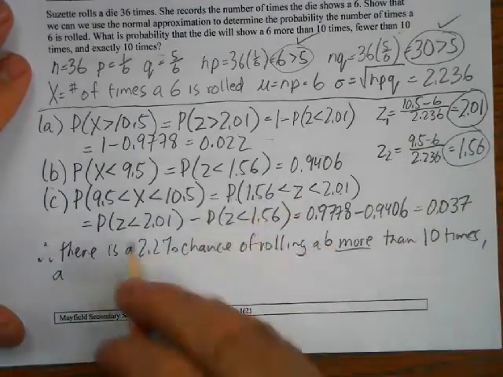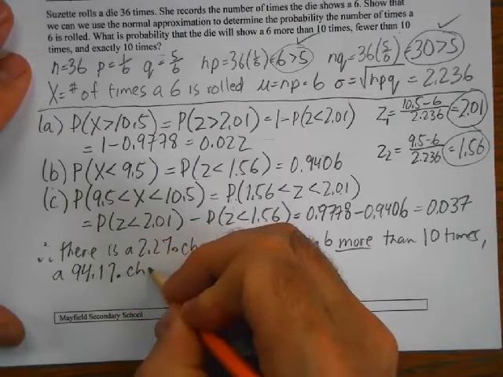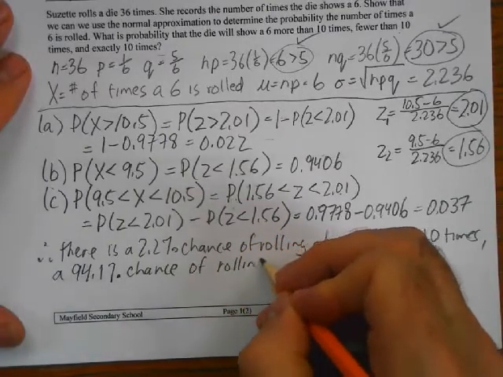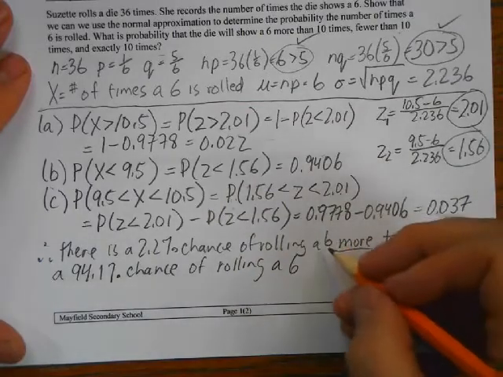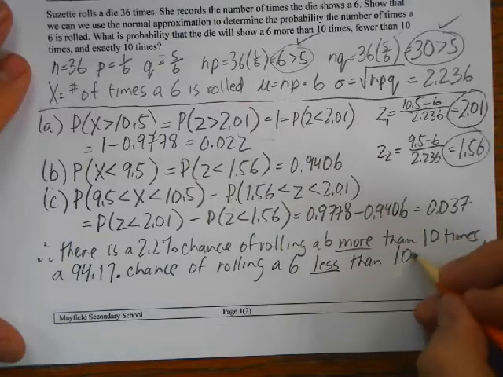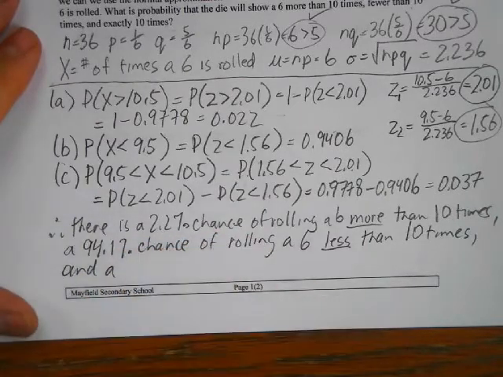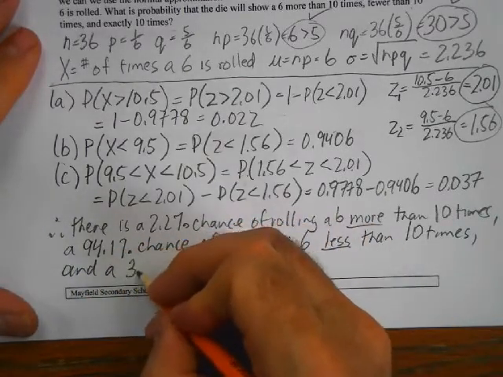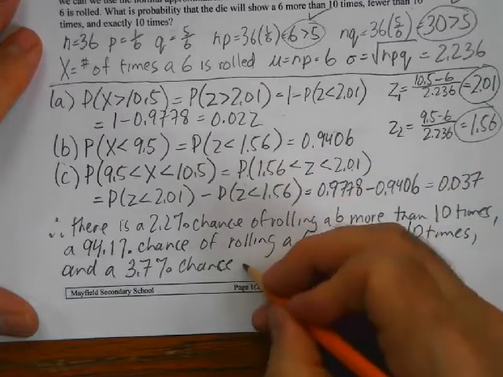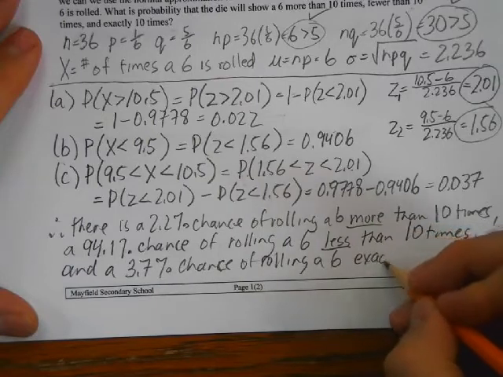A 94.1%, just round that one a little bit, of rolling a 6 less than 10 times. And a 3.7% chance of rolling a 6 exactly 10 times.